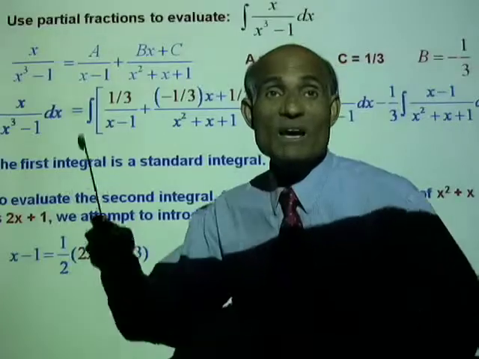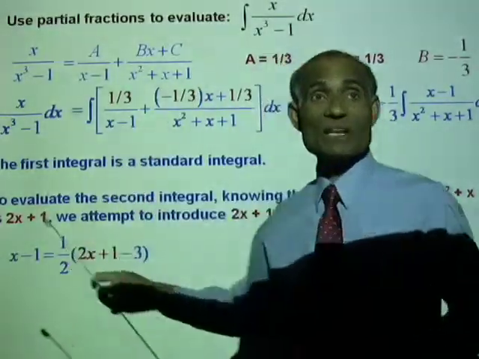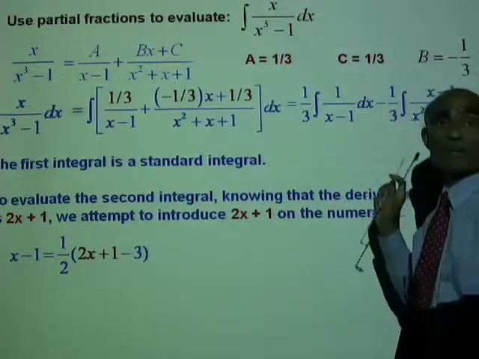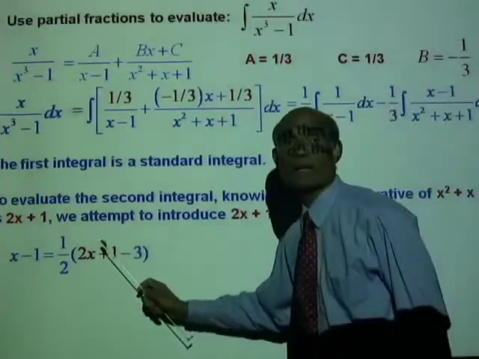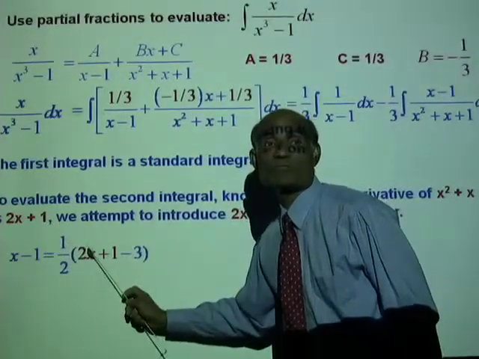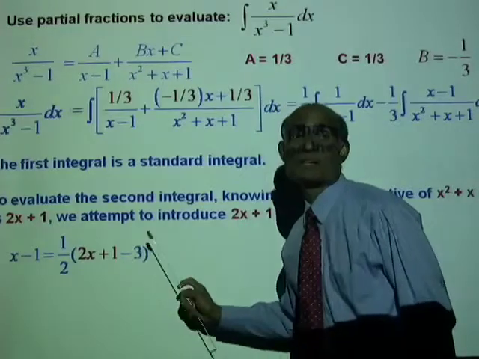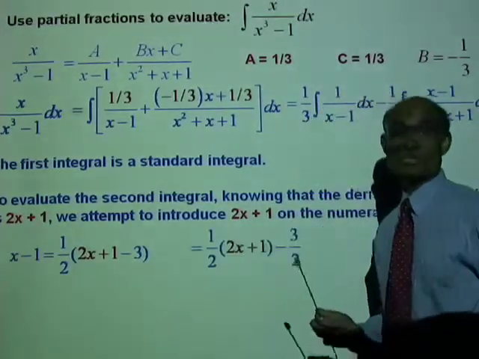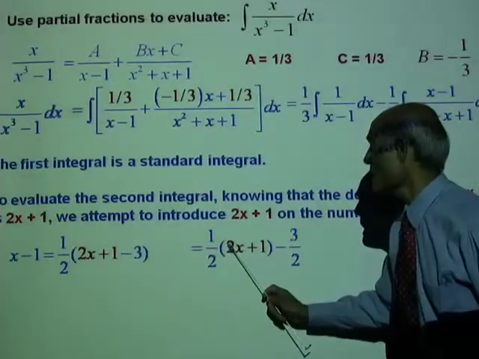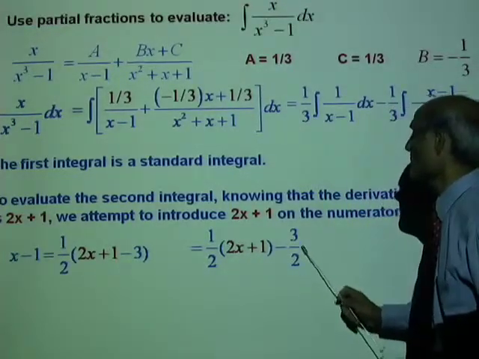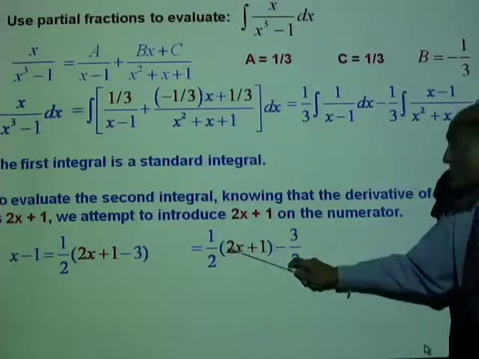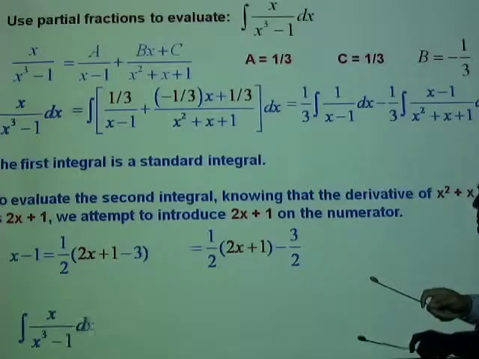That means you need to have a quantity in the numerator which contains the derivative of that denominator. That's the reason why we are doing that. So we're going to write x minus 1 equal to 1/2 times 2x plus 1 minus 3. Now, what change does it bring there? And that will be 1/2 of 2x plus 1 minus 3 over 2. Is that right? Split into 2. Now, that will make it much easier when you write it.